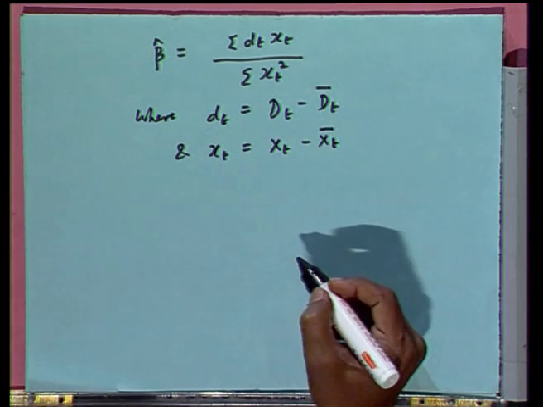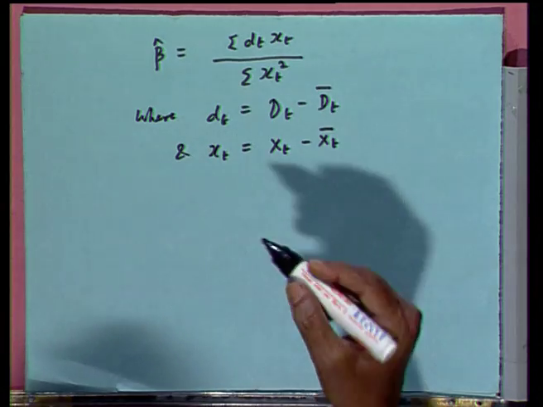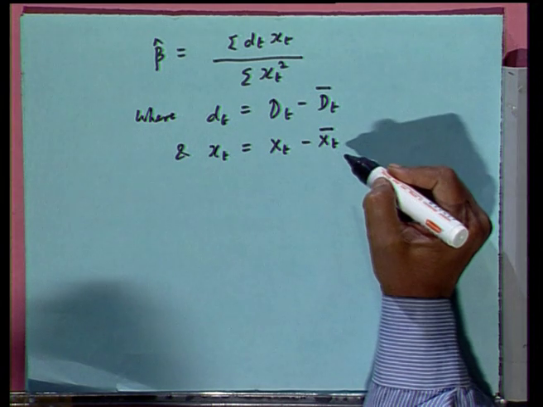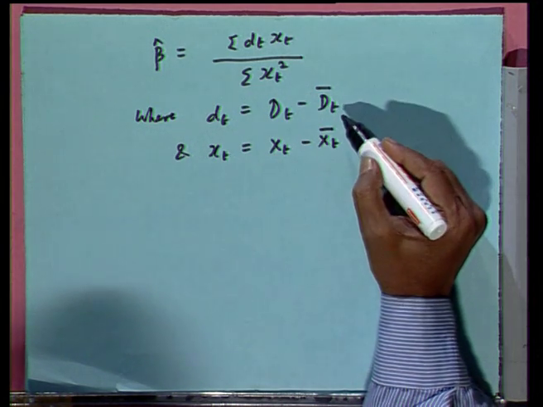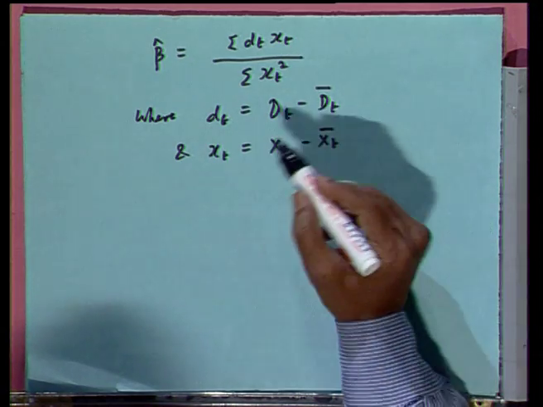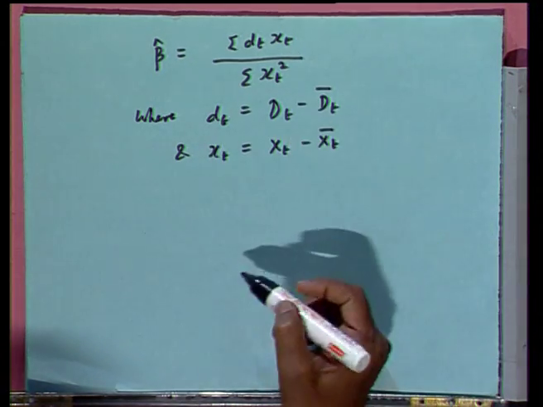So, the first step is using the past data, we estimate the values for dt bar and xt bar, and after estimating the values for dt bar and xt bar, we substitute in these two equations and get the values for alpha and beta.